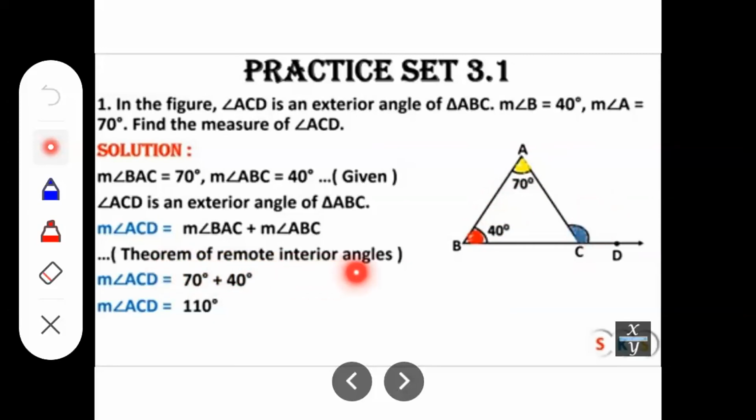Okay, so let's write it. Those are the steps you should write before that. What is given? This one. Now you have to also mention this, that angle ACD is an exterior angle of triangle ABC.